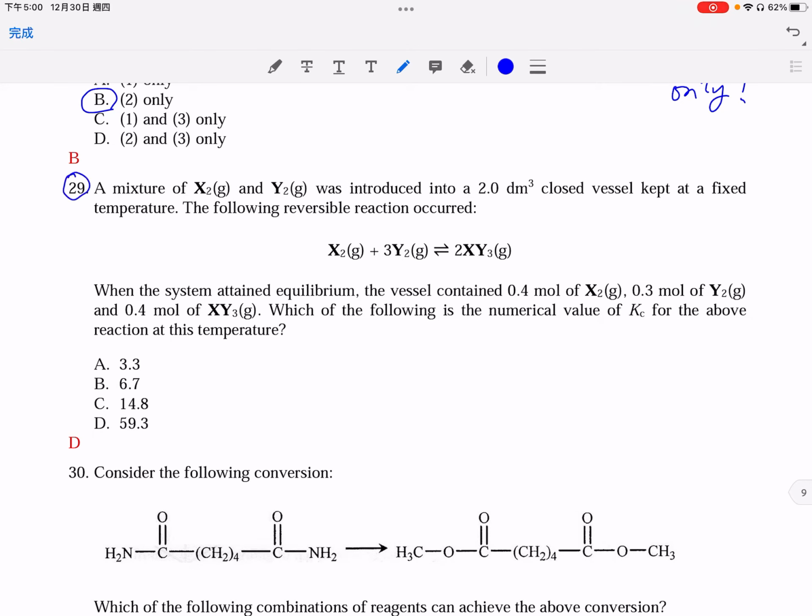Question number 29. First of all, make sure you noted the volume of the vessel. And then next, be careful about the coefficients in the balanced chemical equation.